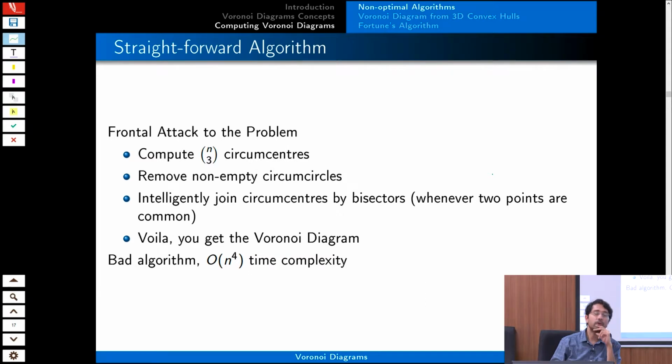So now we want to calculate what the complexity of the structure of a Voronoi diagram is. Is it clear? In other words, we are trying to count the maximum number of Voronoi vertices that can be present in a Voronoi diagram, and the maximum number of edges that can be present in a Voronoi diagram.